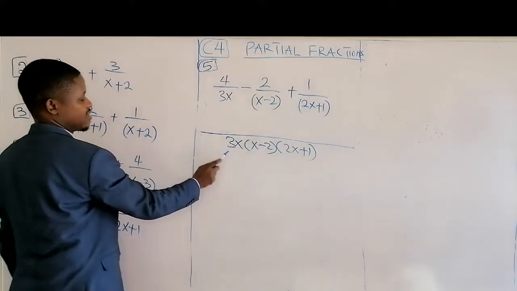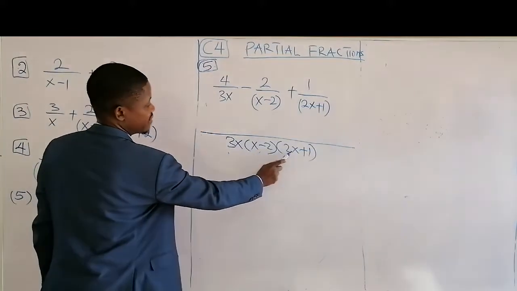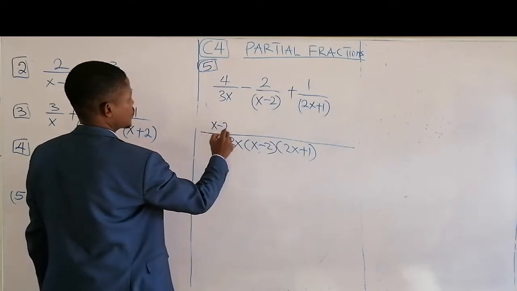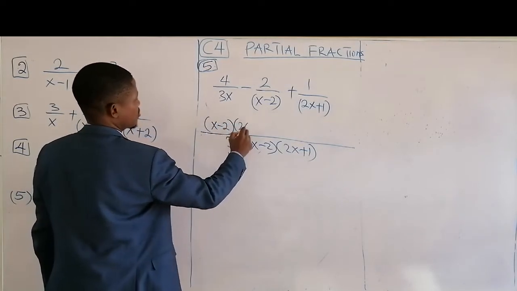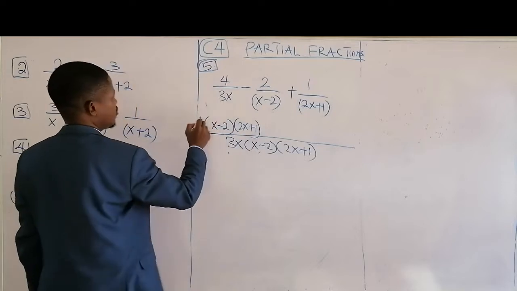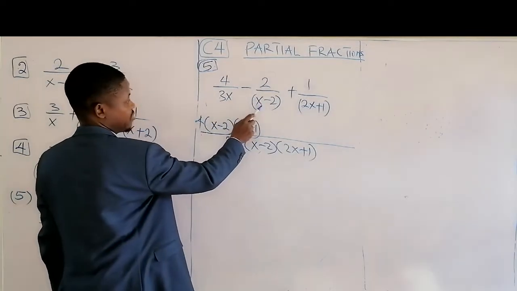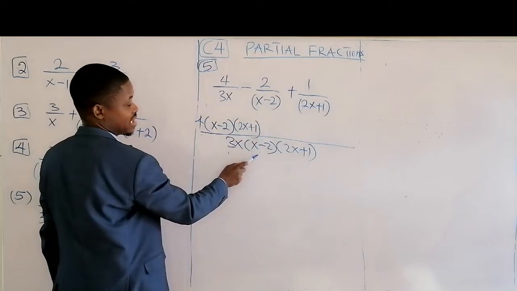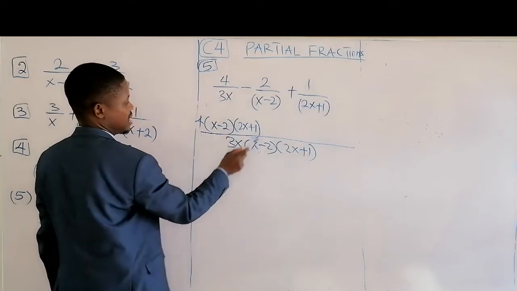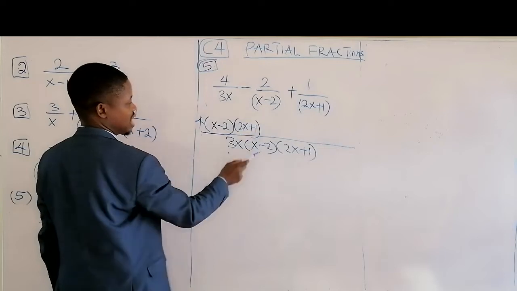So 3x is there, so it cancels out. So we now have this 2, so that will be x minus 2 into bracket 2x plus 1, and then times the numerator. For this fraction here, check the denominator and correspond with this LCM. X minus 2 is here, x minus 2 is here, so that cancels out.